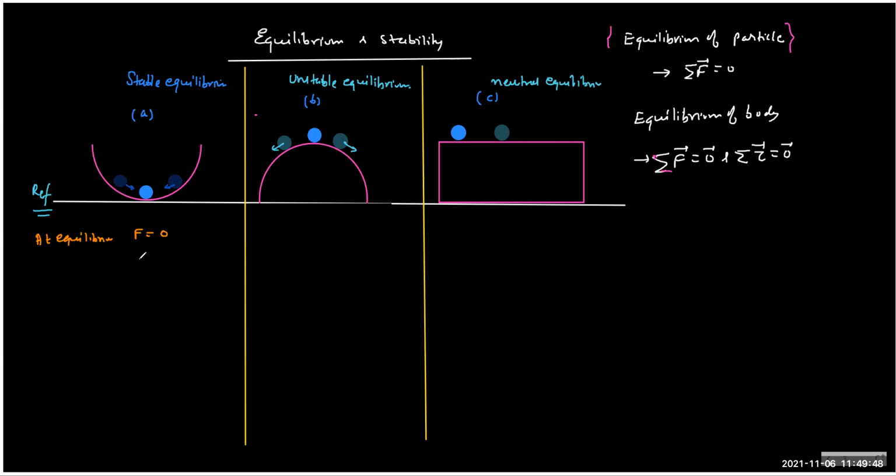And force is zero because we know force is equal to minus dU by dx. So we can say the potential gradient dU/dx is also zero. That's about it. Here, because everywhere we have equilibrium, this term is zero everywhere.